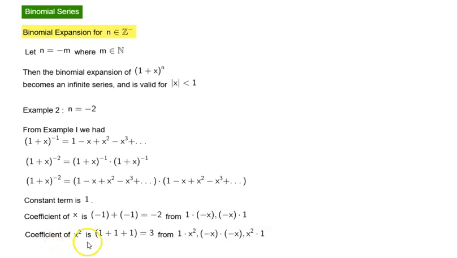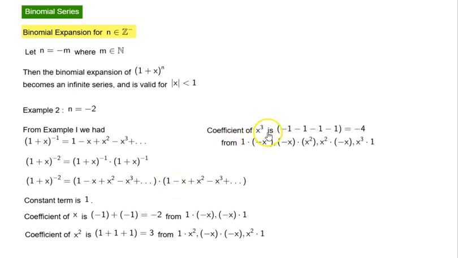Similarly, the coefficient of x square is 1 plus 1 plus 1, which is equal to 3. How do we get x square? 1 times x square, then we have minus x times minus x, and we have x square times 1.